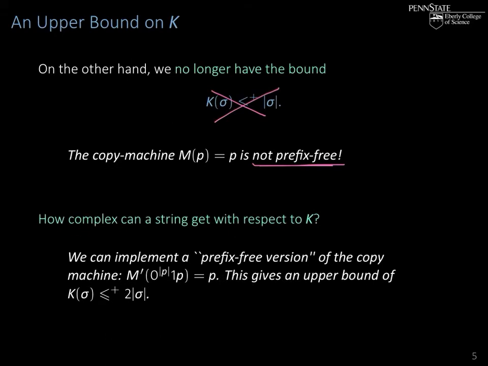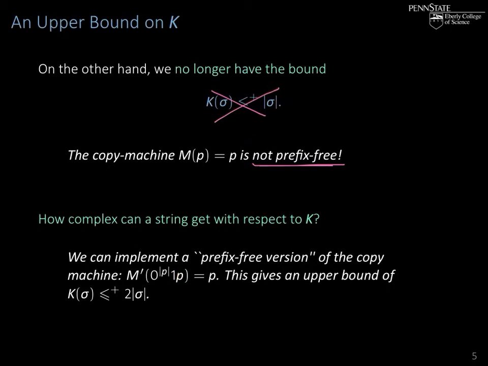So how complex can a string get with respect to this prefix-free complexity? We can try to implement a prefix-free version of the copy machine. We could define a machine M prime that converges only on inputs of the form 0 to the length of P, 1P, and then it just outputs P. So we code the length of the actual string that we want to output before the actual string.